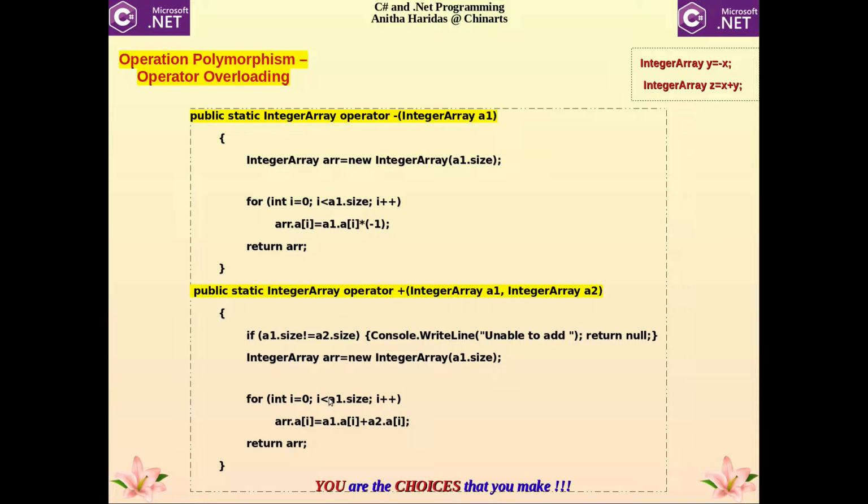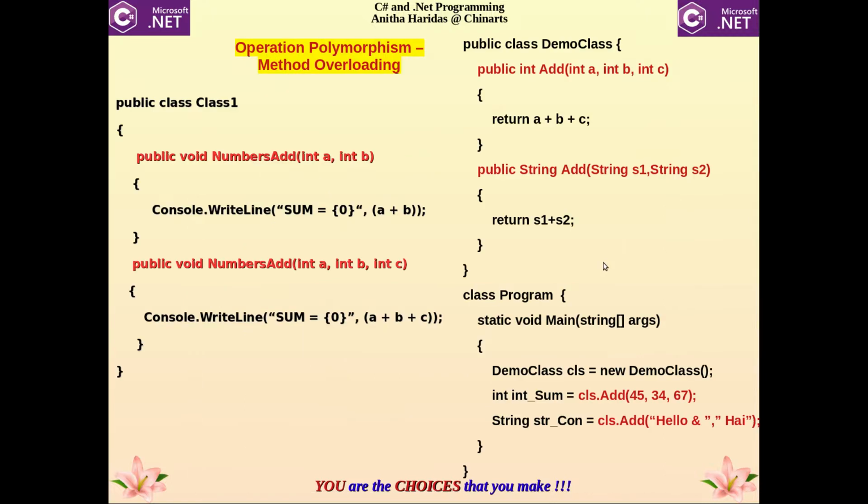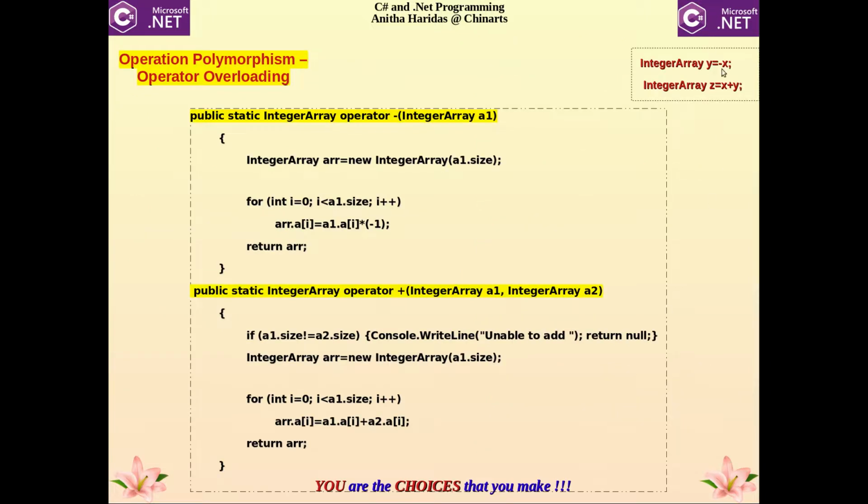So when I declare these two kinds of operator overloaded methods, observe here how I am invoking them. In the earlier example, we invoke the methods by using the method name, but here I am going to invoke method 1 and method 2 using the operator itself.